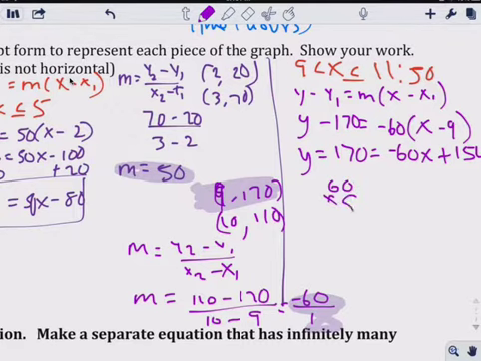Sixty times 9 is 540. Y equals negative 60x. Oh, I don't know why I got this.